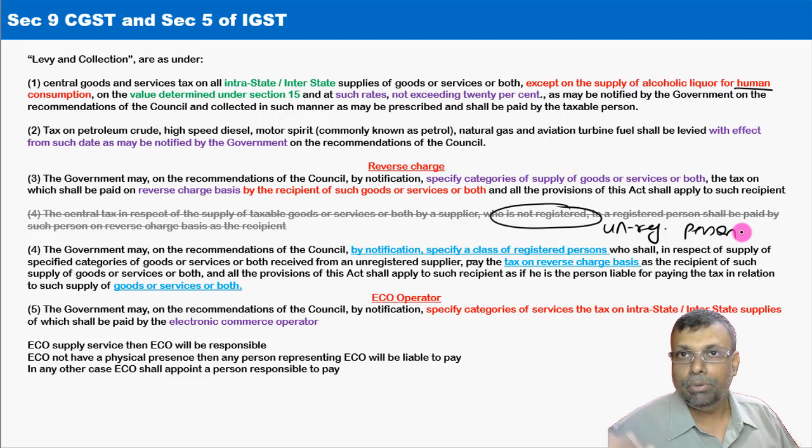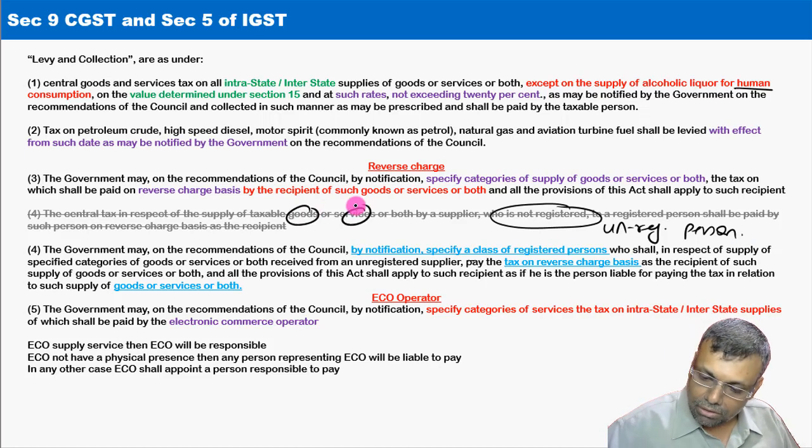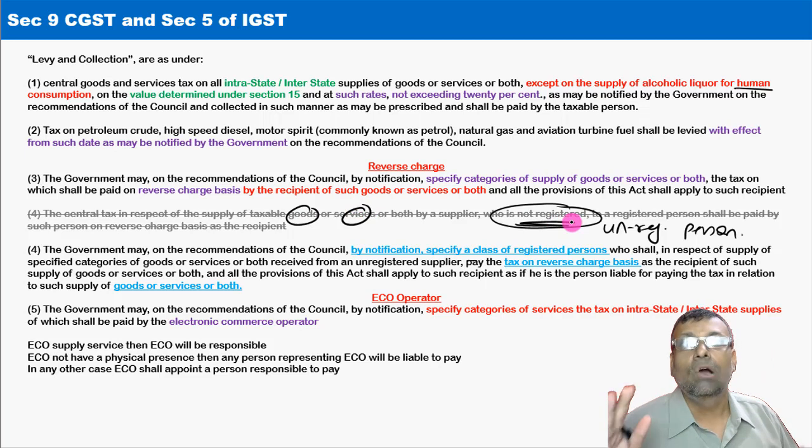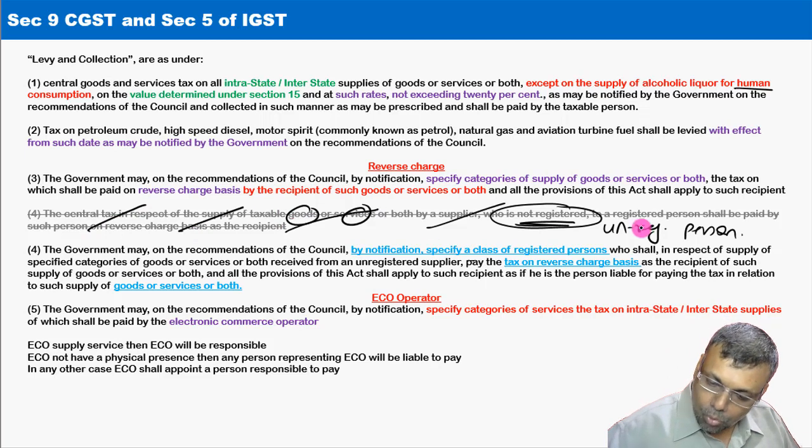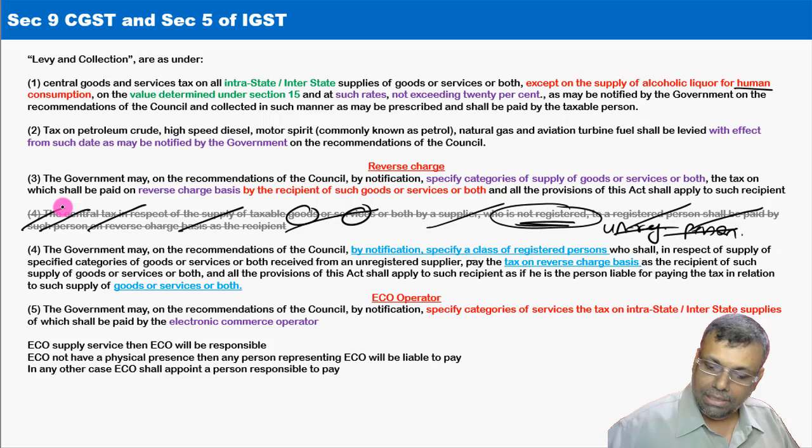But now that procuring of goods or services from an unregistered person, it was one of the concepts. I repeat, it was one of the concepts, and that particular concept has been removed. It is removed from the levy provision.